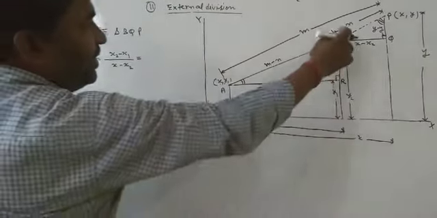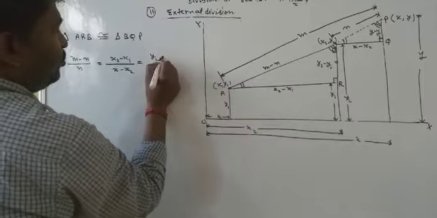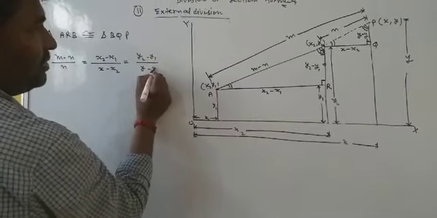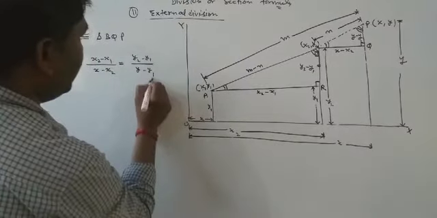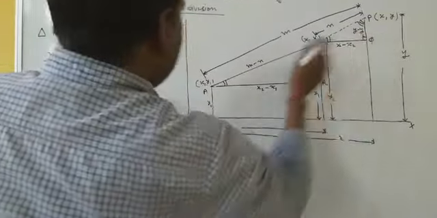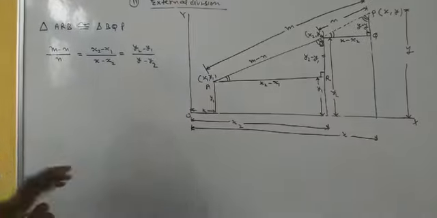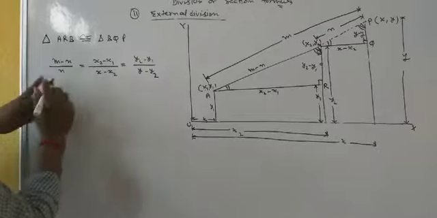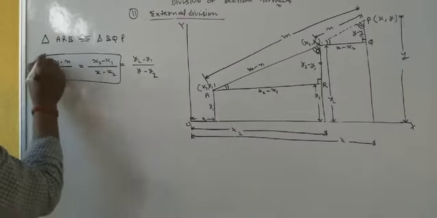This equal to perpendicular of this triangle y2 minus y1 upon perpendicular of that triangle y minus y2. This is I think y2. Yes.